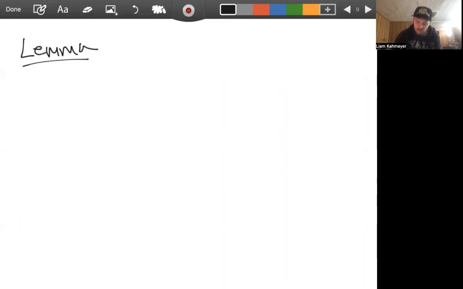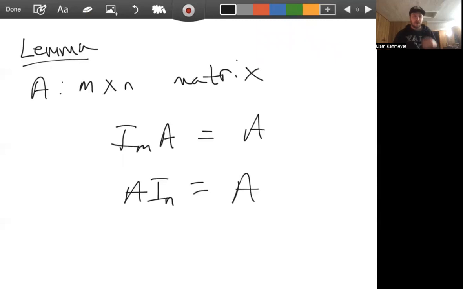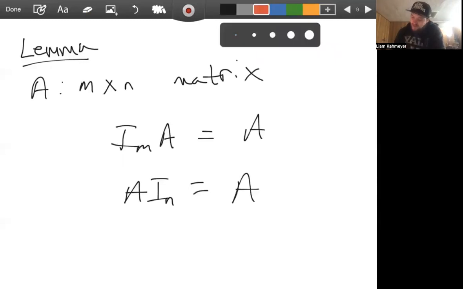We have a lemma that says if A is an m by n matrix, then if we multiply A by the m by m identity matrix on the left, we'll just get back A. And then if we multiply A on the right by the n by n identity matrix, we'll also just get back A, right?